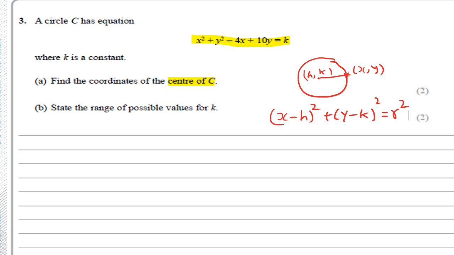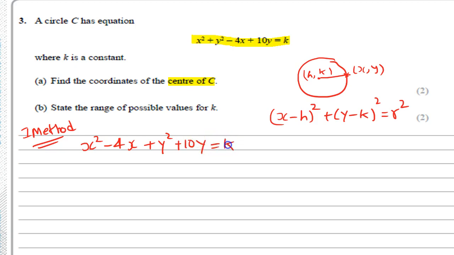Here I can teach you two methods as well. This is the first method to find out the center. Let's write down the equation x square minus 4x plus y square plus 10y equal to k.